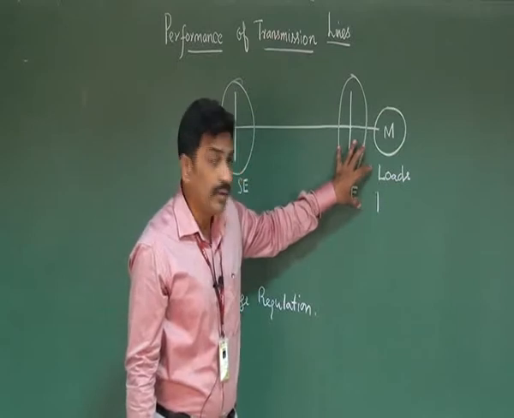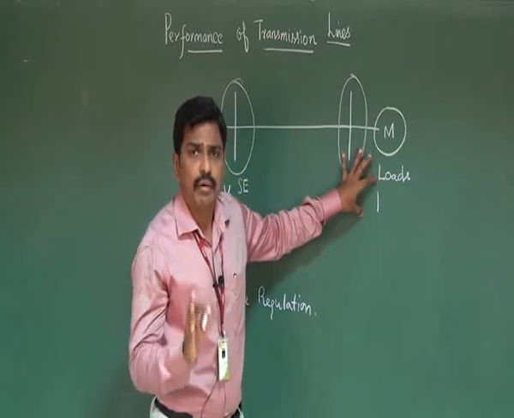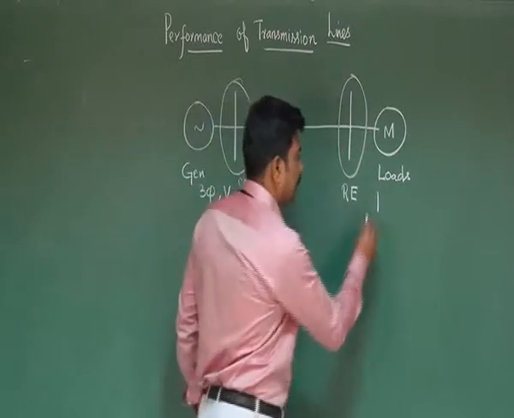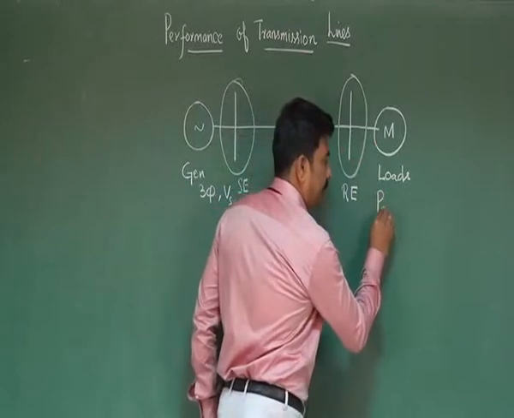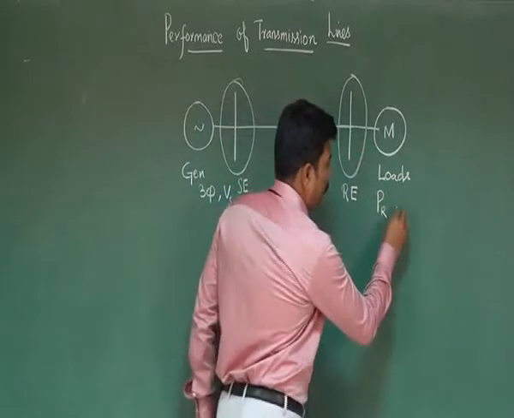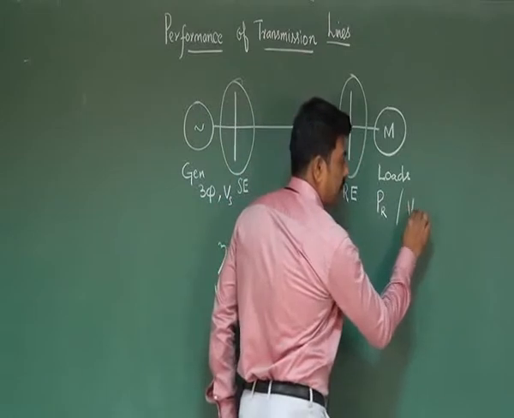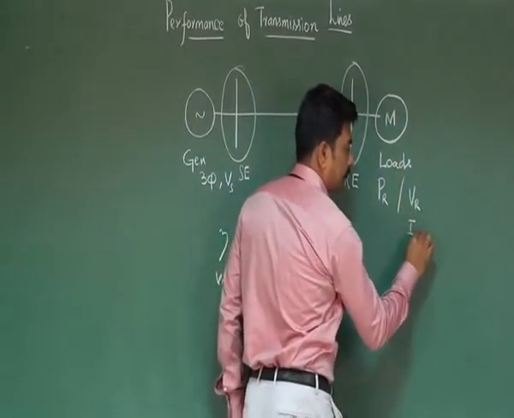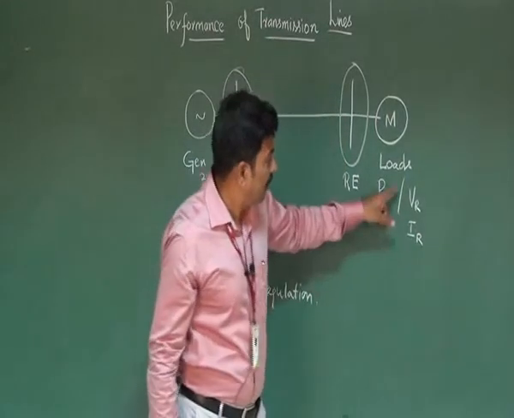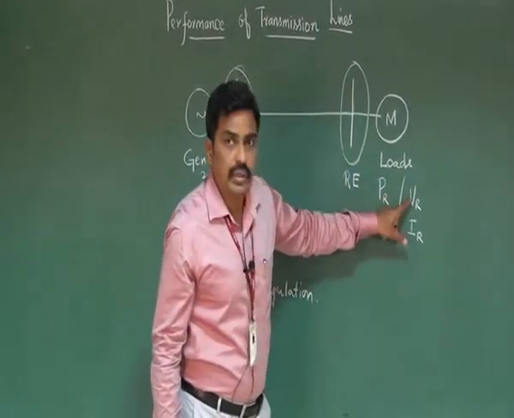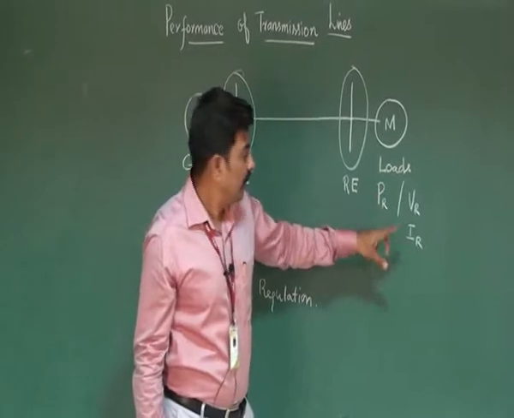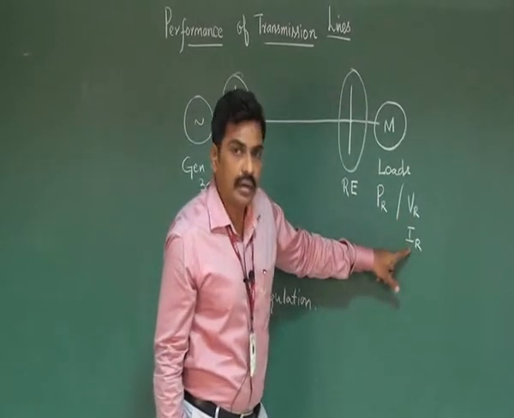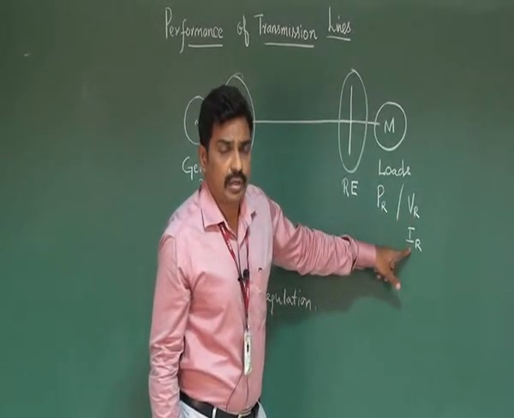At the receiving end, we need to supply power at constant voltage, that is PR is the received power at constant voltage VR. Here the loads are drawing current IR. These two parameters are very important to understand the received power. VR and IR are vector quantities.